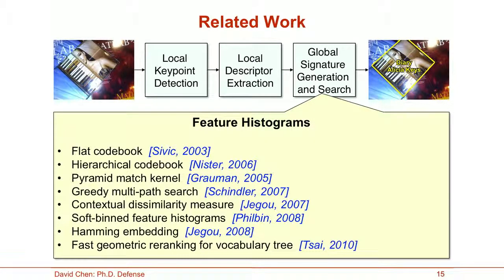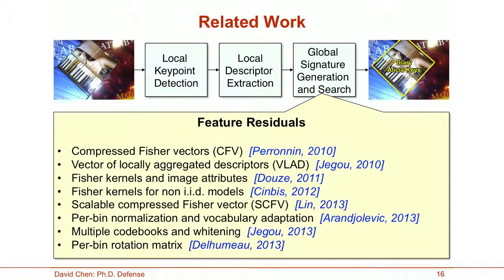Researchers have also developed extensions for improving performance, such as multipath search, contextual dissimilarity measure, soft binning, Hamming embedding, and fast geometric re-ranking. Another class of algorithms belongs to feature residuals. Some well-known global signatures in this area include the CFV, the VLAD, and the SCFV global signatures, as well as their variants.